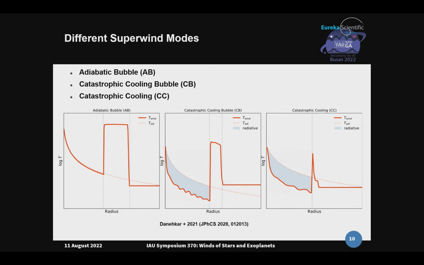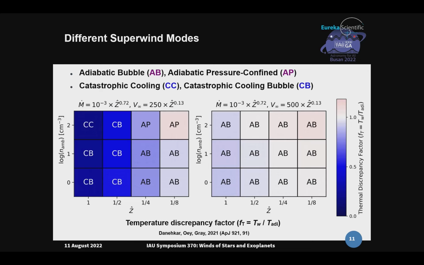Based on this departure, I define different wind models: adiabatic bubble, catastrophic cooling bubble, and catastrophic cooling without bubble, AB, CB, and CC. Here you see the map of parameters with adiabatic bubble and catastrophic cooling with or without bubble.